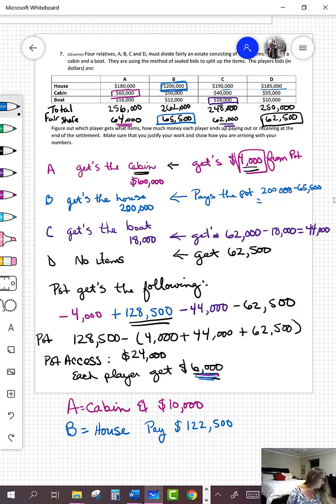Let me just calculate that again, just make sure. So we have the $200,000 the house was worth minus the $65,500. That gives us, yeah, it was off. $134,500 was what he had to pay before. I had this right when I was doing the math before, so you're okay. Sorry about that though. I don't want to start the video over.